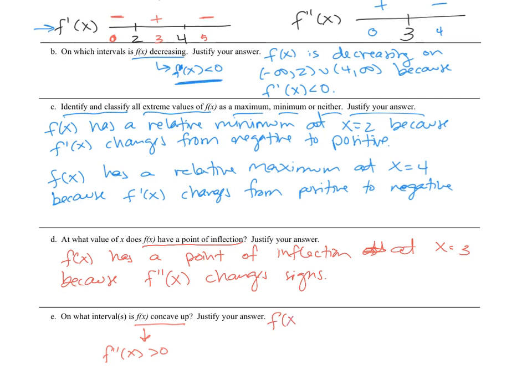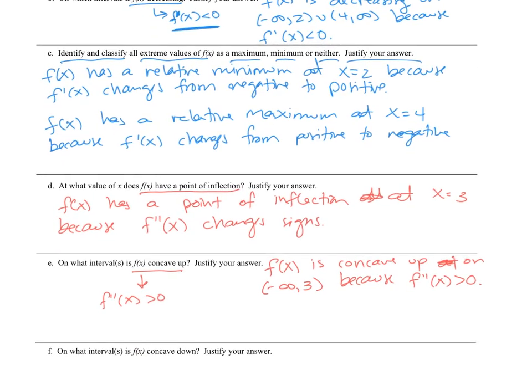So I'm going to go ahead and restate f of x, spell it out, is concave up on the interval negative infinity to 3, or you can say x less than 3, because f double prime of x is positive, or you can say is greater than 0.